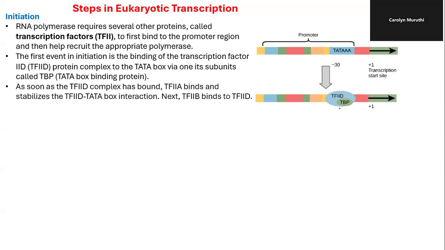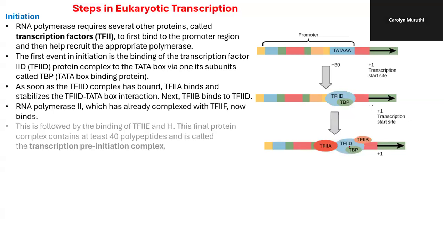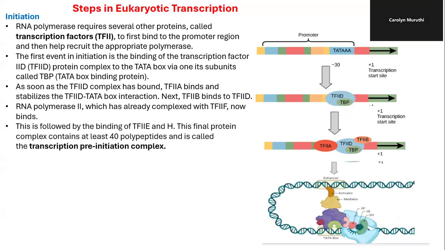As soon as the TFIID complex has bound, TFIIA binds and stabilizes the TFIID and TATA box interaction. Next, TFIIB binds to TFIID, and then RNA polymerase, which already has complexed with transcription factor IIF, now binds.